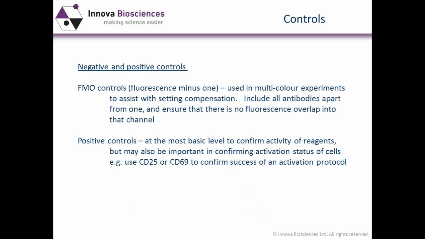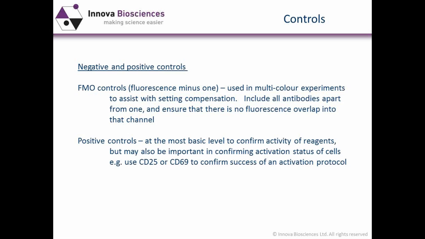There are more controls to consider. Over the last few years, the importance of the so-called FMO controls, or fluorescence minus one controls, has become much more widely known. These are particularly important in multicolor experiments. They help you with setting compensation, and they also make sure that you're not seeing any other non-specific binding from other antibodies within your staining panel.